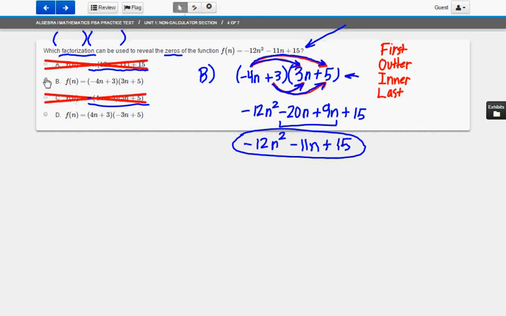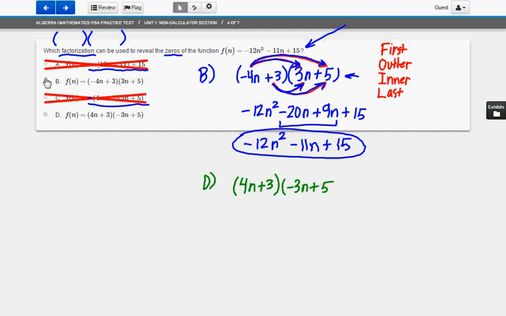So I'm selecting choice B, but I do want to show you, just so you can see it done again, choice D, if we multiply these factors, 4n plus 3, multiplied by negative 3n plus 5.